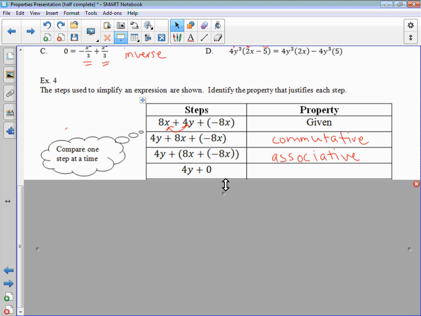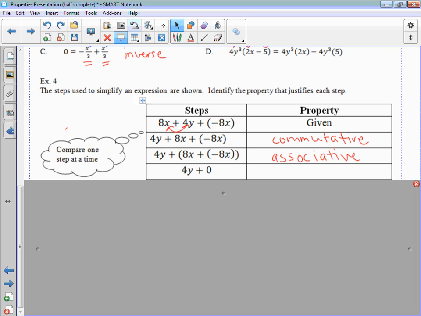No. But what happened over here? The 8x plus negative 8x turned into 0. What is it when things cancel? That's the inverse. You see how these two are the opposite? Opposites cancel to give you 0. So what's the property for opposites? Inverse.